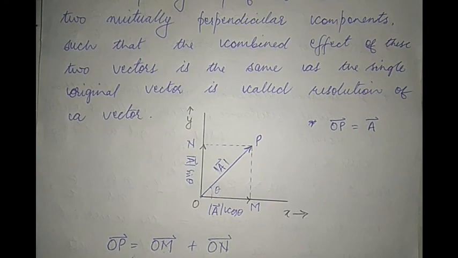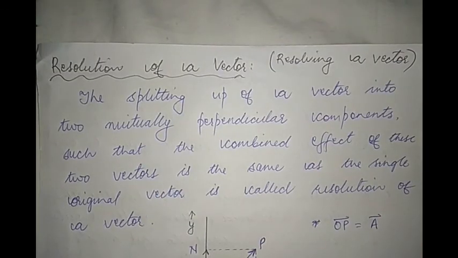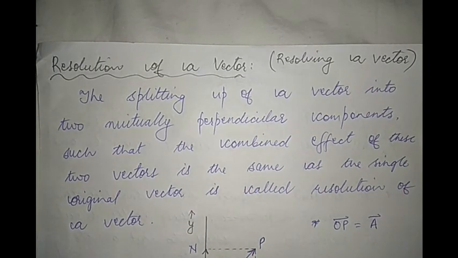So if you hear the words resolve a vector, then you have to split the vector. That is the process of resolution of a vector. So resolving a vector and resolution of a vector are one and the same thing.